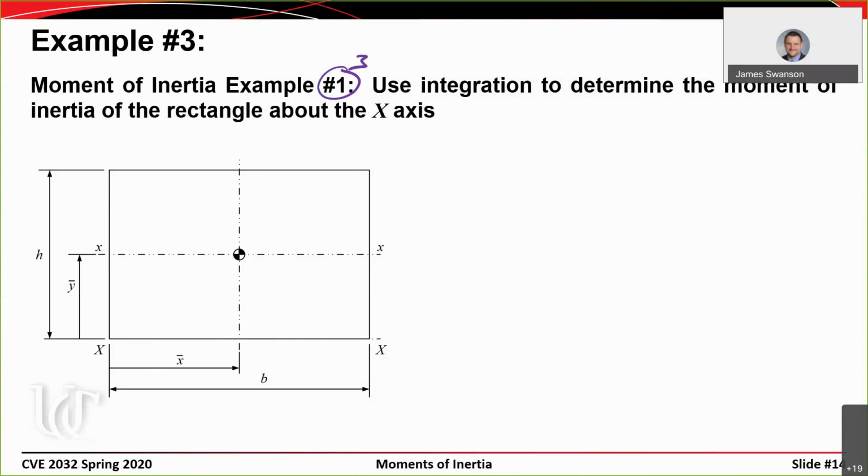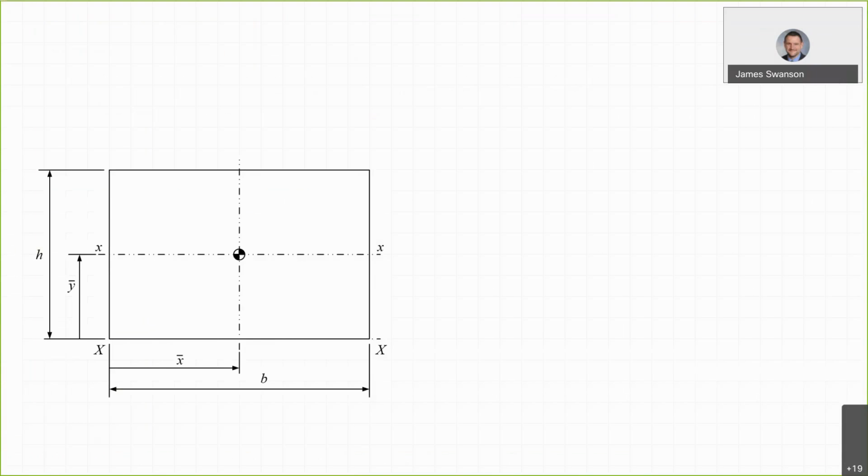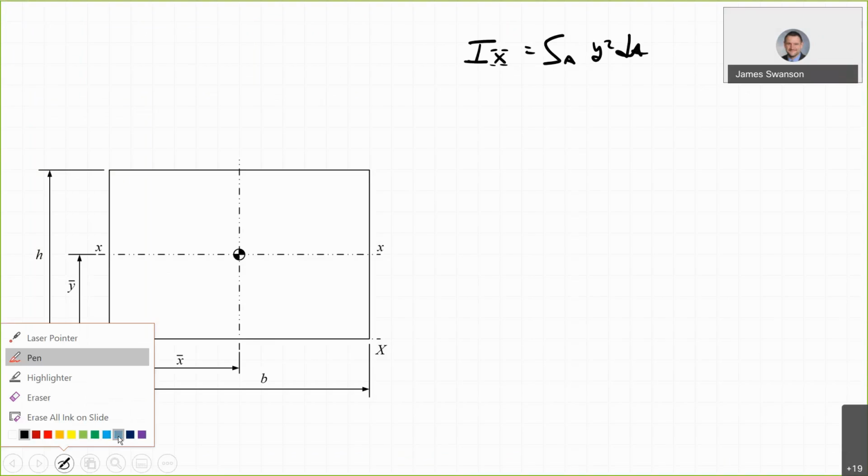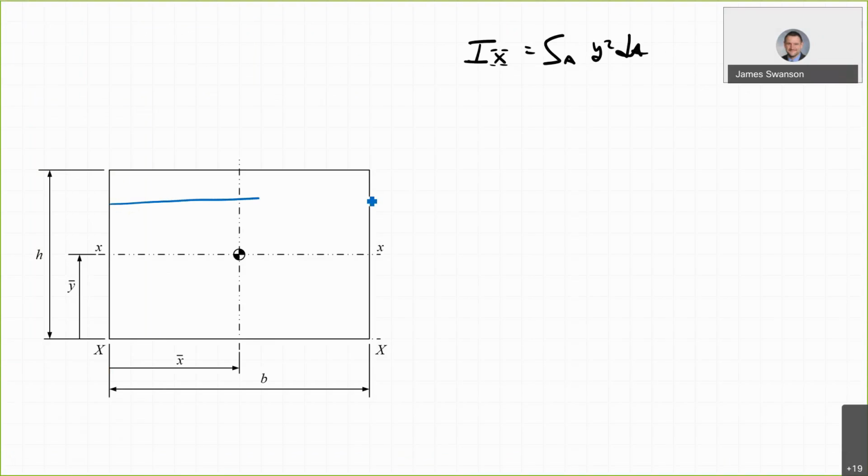So let me go to the next slide where I have grid paper. We'll start off and solve this the same way. Instead of writing I sub little x, now I write I big X equal to the integral over the area of y squared times dA. I need a differential area, and I'll take that here. It's parallel to the x-axis, parallel to the axis that I'm interested in.